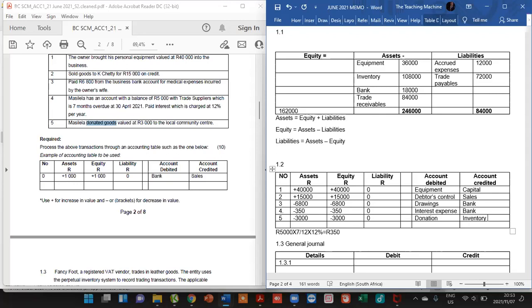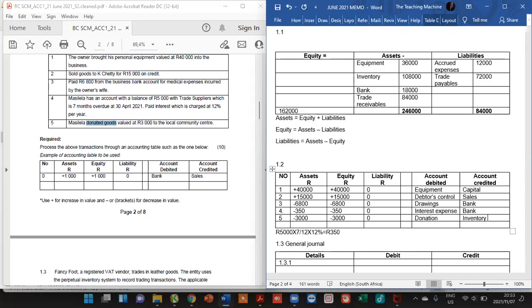So students, I'm going to advise you that when you do the accounting equation, you need to know the elements, you need to know the classification of accounts. If you see that donations is involved in this transaction, you should know what type of account donations is. Remember, as per the duality concept, what you do on the debit should also be done on the credit side.